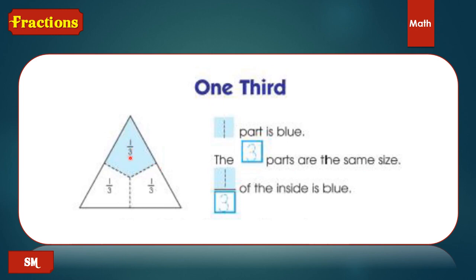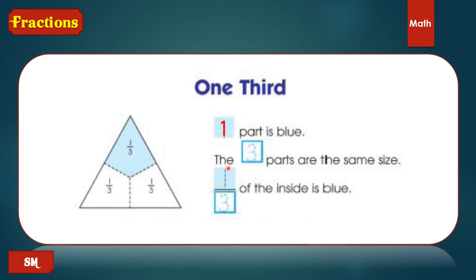So this part is 1 from 3, and this part is 1 from 3, and this part also is 1 from 3. And he asked me here, how many parts are blue? So I will count the parts. Just 1. So he wrote here 1.